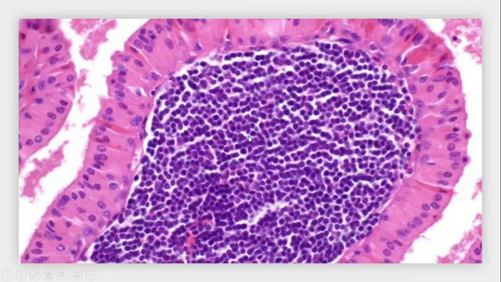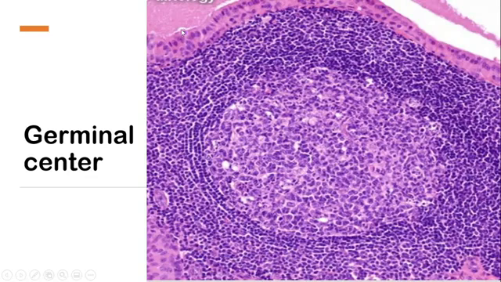So it is not lymphoma, it is reactive lymphoid tissue, as if we are in a reactive lymph node, even central germinal center can be seen within the core of these papillae with mantle zone. Benign. So this is Warthin tumor.